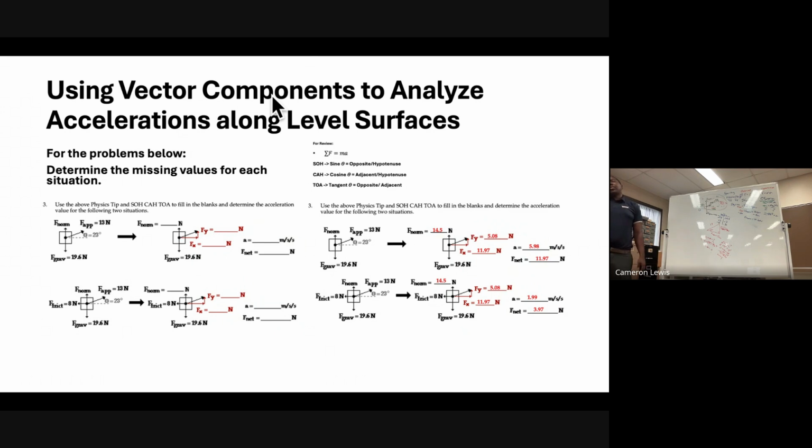Because I just rounded to 12. It's really like 11.97, and then it's 5.01, 5.08. Those are the actual numbers. But I just did 5, 12, 13, 12, and 5. Yes, take a picture of it.